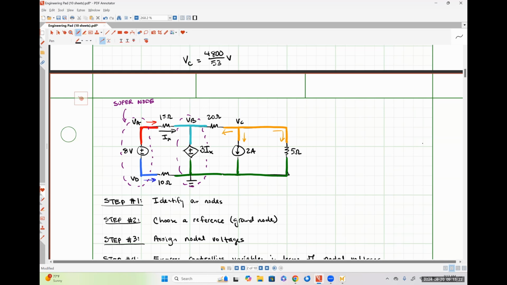We need the current that's flowing into the negative polarity terminal. What's the current that's flowing into the negative polarity terminal of our 8-volt source? IX. So it would literally just be 8 volts times IX, right?